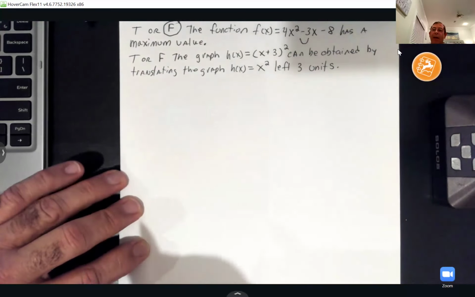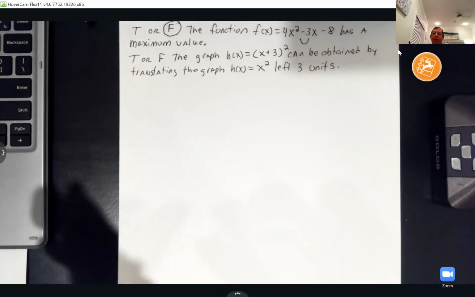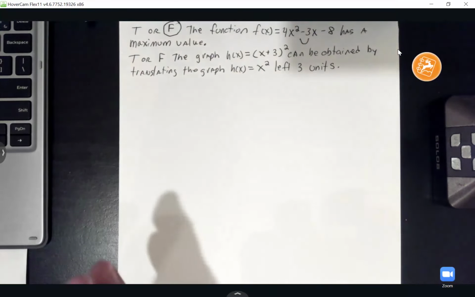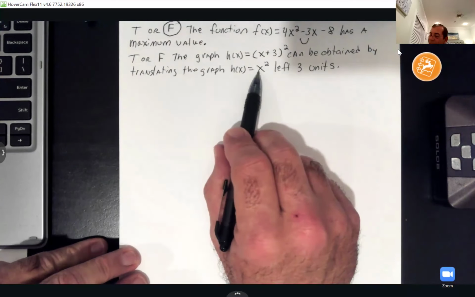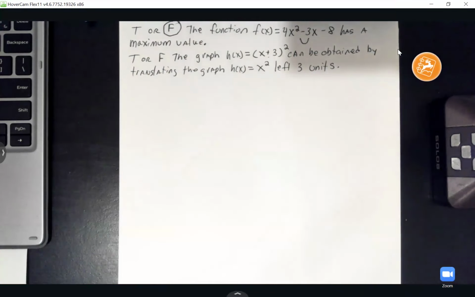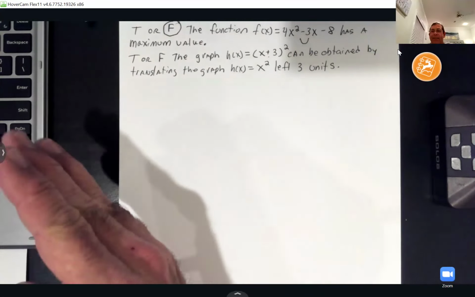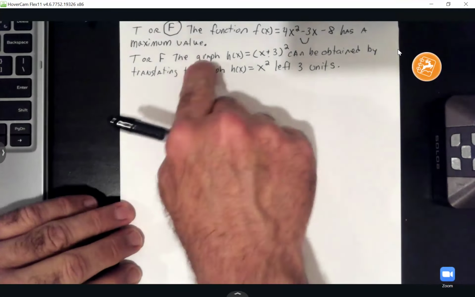So this question basically comes out of the 7-2 stuff where we move stuff up and down. We moved it left and right. So the basic graph was the x squared graph. What happens when I add 3 inside them parentheses? Is it going to go up, down, left, or right? Is this true or false?